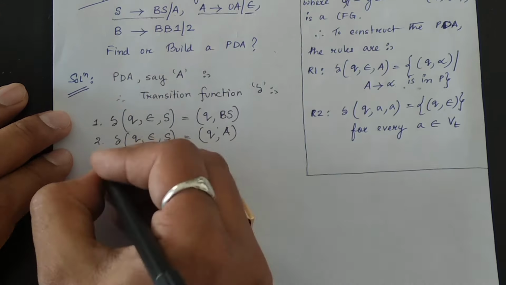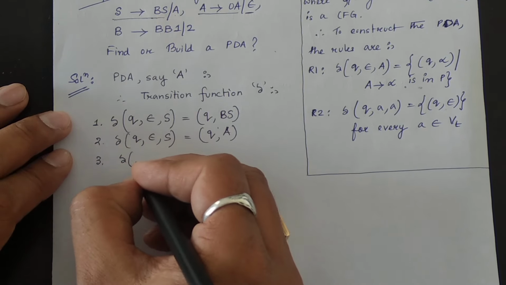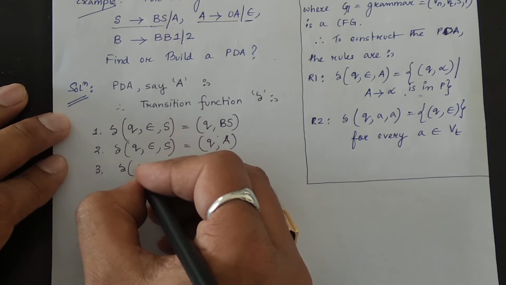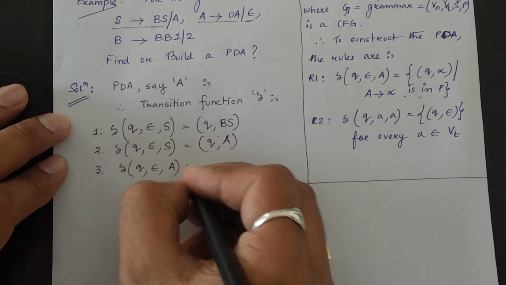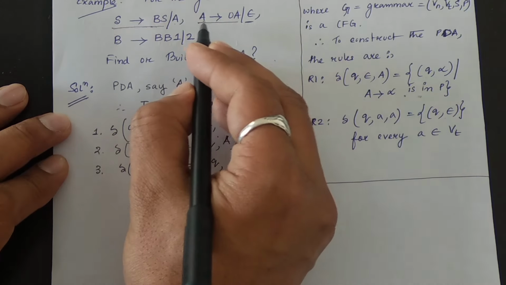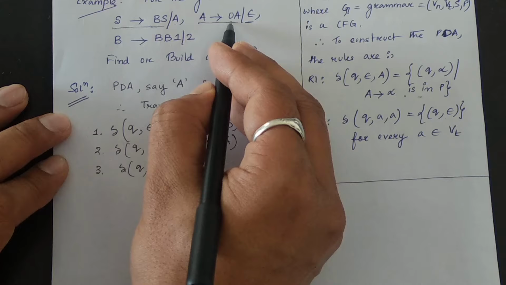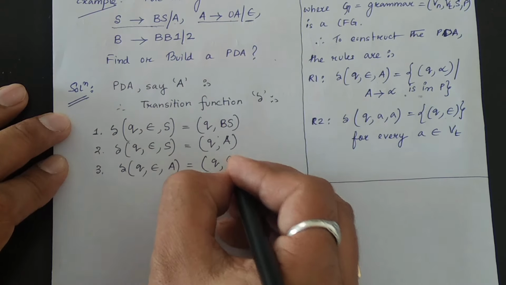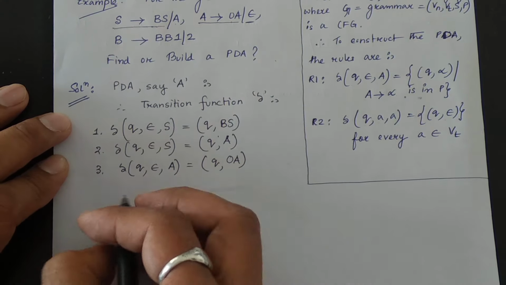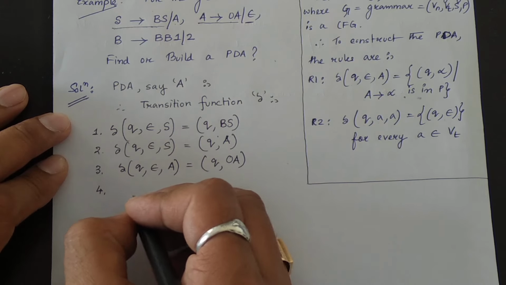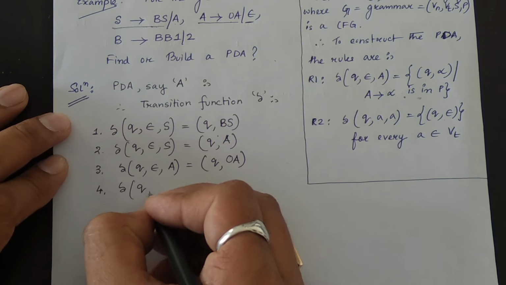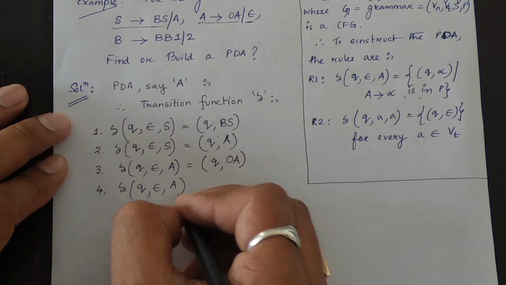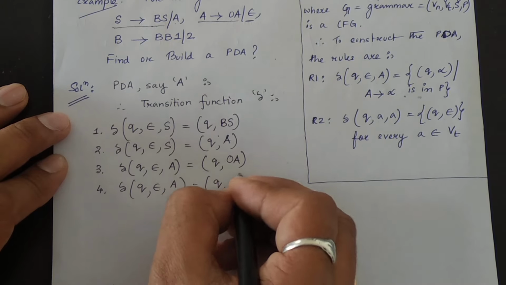Number 3 will be delta, Q, nothing to be read. Now for A, what is the right hand side? That is alpha, 0A. So 0A I have to write over here. Then number 4, again I will write the same thing, Q epsilon for A, then Q epsilon.